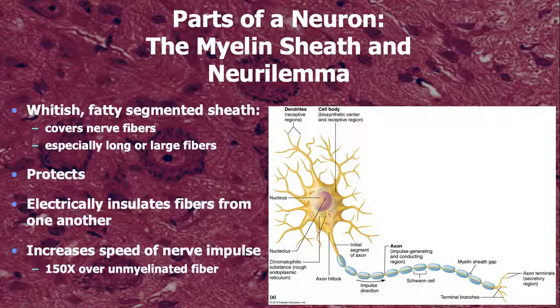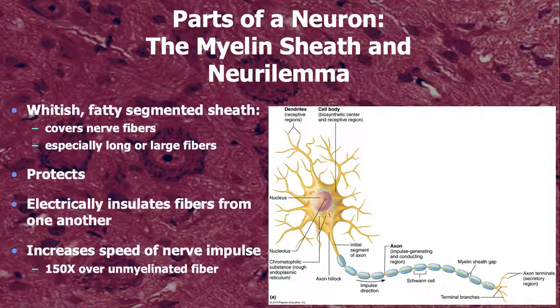Okay, so what is the myelin sheath? The myelin sheath itself is a whitish, fatty, segmented sheath. Okay, so it covers and it wraps around the axon.